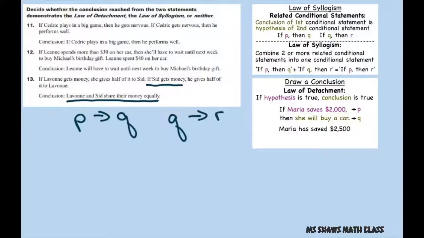So if it was a law of syllogism, it would be if P, then R, which that's not what it is. It doesn't really match. So that doesn't work. And law of detachment would be if LaVon gets money, she gives half to Sid, and the conclusion would be, well, LaVon gets money. Then that means she gives half to Sid. So this one's neither. It doesn't follow our two laws.